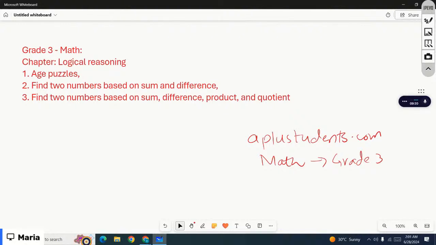The lessons we're going to cover today are age puzzles, find two numbers based on sum and differences, and find two numbers based on sum, differences, product and quotient.